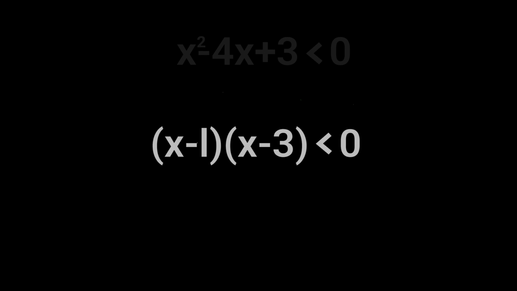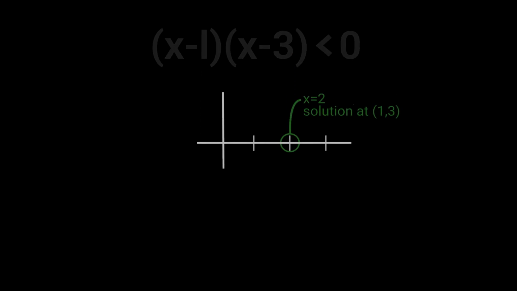Now from here, we can see that x equals 1 and 3. We're going to take those values and put them on a graph. Once we put them in, we can see that our initial value x equals 2 is between 1 and 3. So our solution is defined on 1 to 3. That is all for this problem.